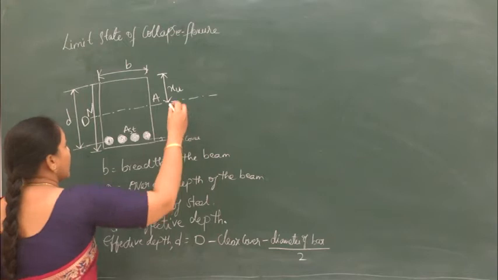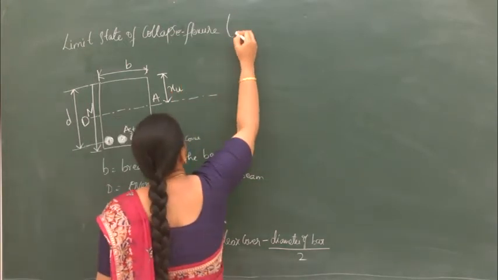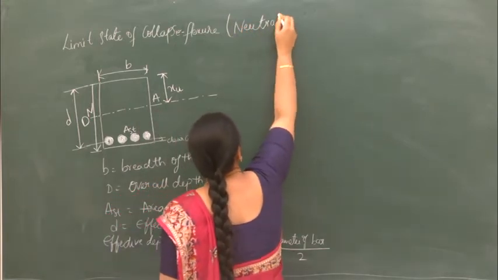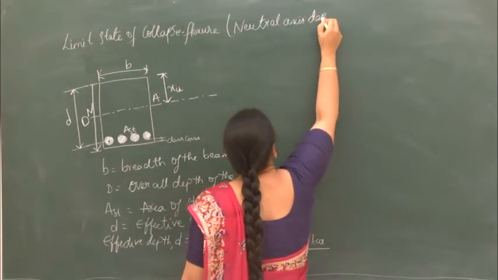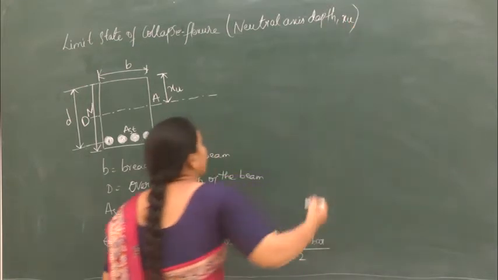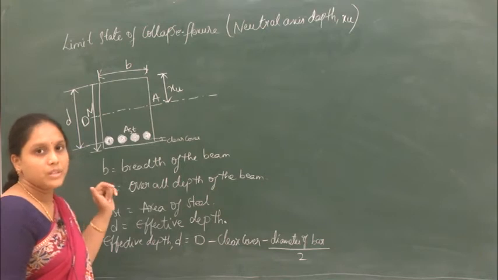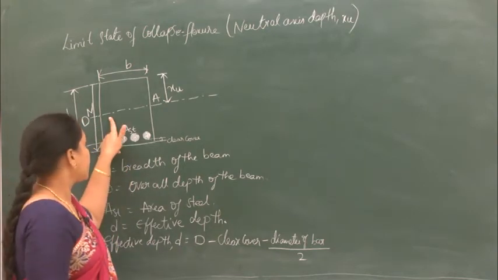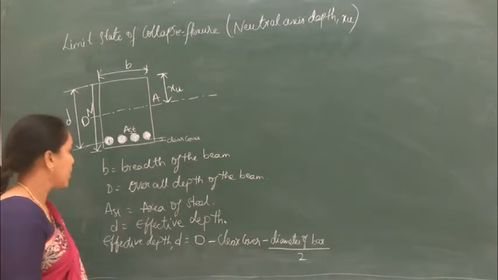So here, in this limit state of collapse flexure, we are going to calculate the neutral axis depth XU, that is the distance from the topmost compression fiber to the neutral axis.